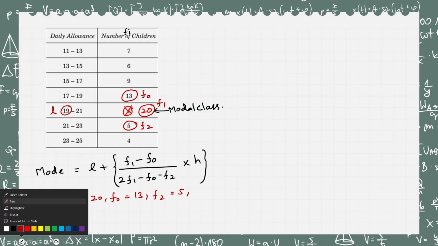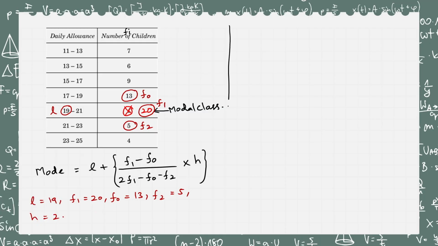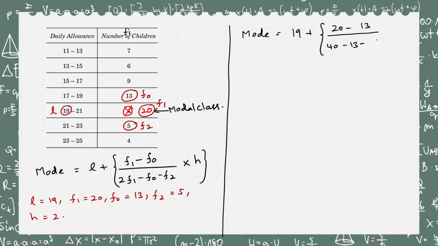Okay, so let us substitute all these values in our mode formula to find it out. Mode equal to 19 plus (F1, which is 20, minus F0, which is 13) divided by (2 times F1, which is 2 times 20, which is 40, minus F0, which is 13, minus F2, which is 5) into H, which is 2.